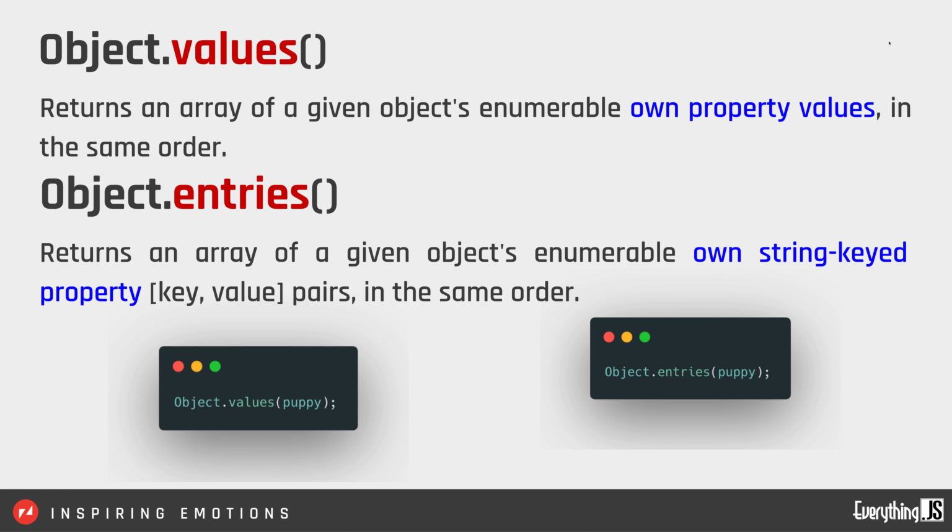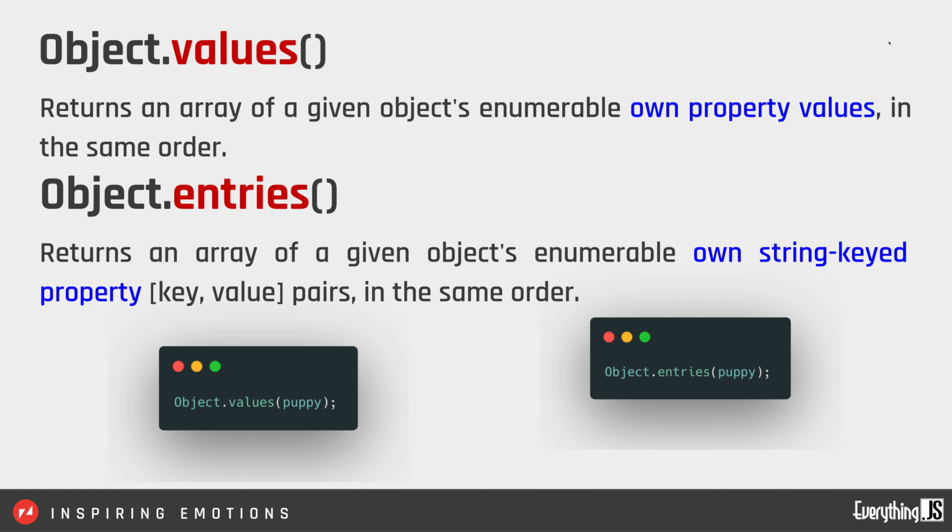Can you guess what the answers of Object.values and Object.entries are? We are passing the same object that we passed into the for in loop, a simple puppy object. Does anyone have any idea?